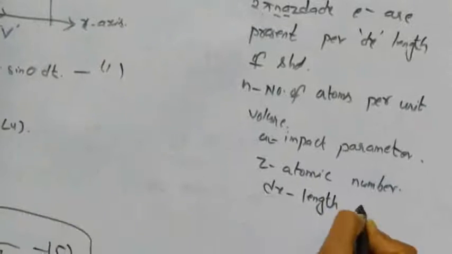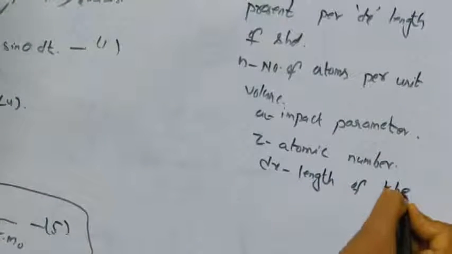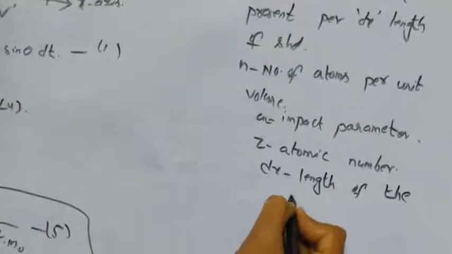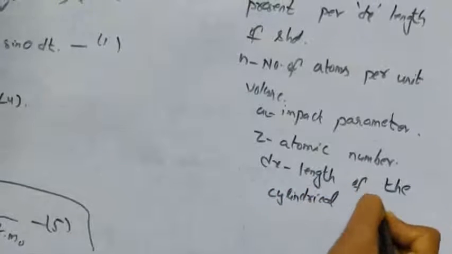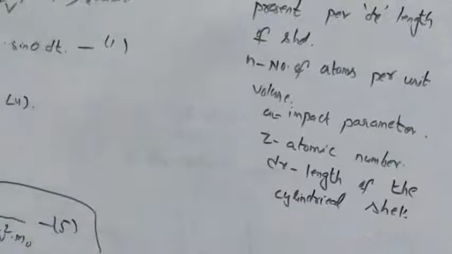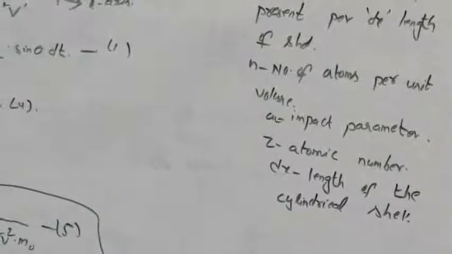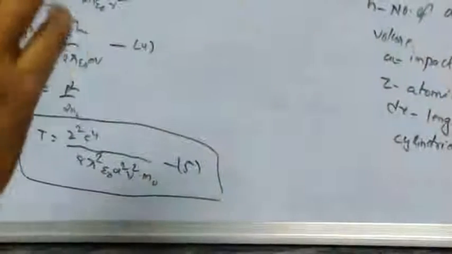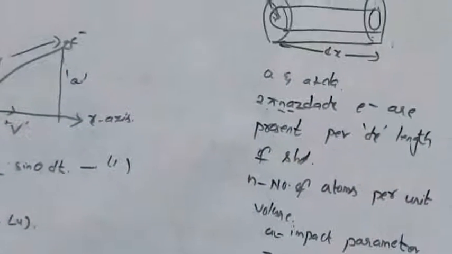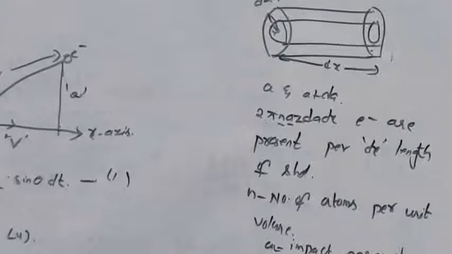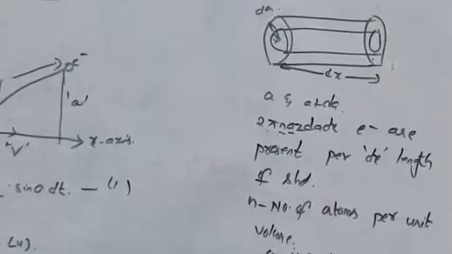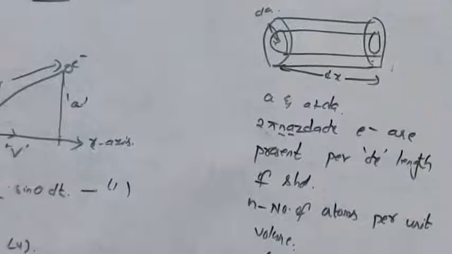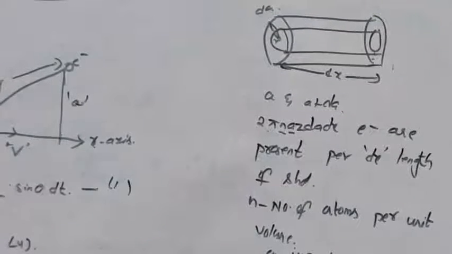Cylindrical shell. Okay, so after deriving equation 5, we have considered a cylindrical shell, and in that we are assuming that it is completely filled with electrons, and we have assumed that the radius of this cylindrical shell is A and A plus dA.